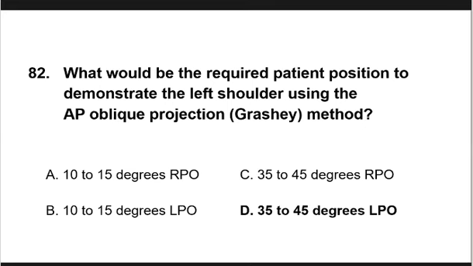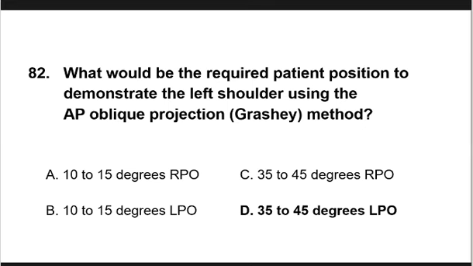It could be AP oblique, either RPO or LPO. The glenoid cavity is what we demonstrate in the Grashey method. So I repeat, in the Grashey method, the patient position is an AP oblique projection. When we say AP oblique, it's either RPO or LPO.